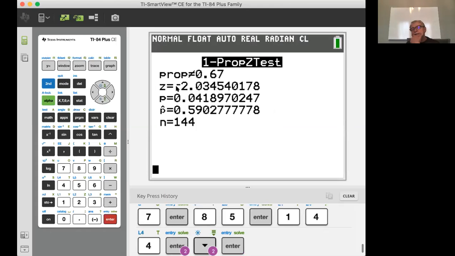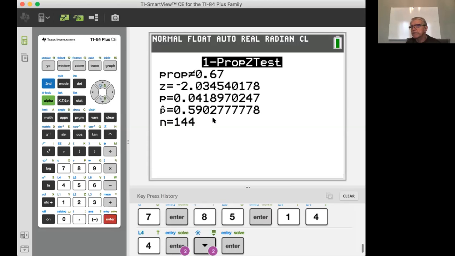Now, notice here that this is slightly different than what we ended up with by calculating it by hand. The reason that it's slightly different is when we put stuff into the formula for the test statistic, we used p hat as 0.59, which is correct. That was given to us. But when we put the information into this, we had to put an X in.